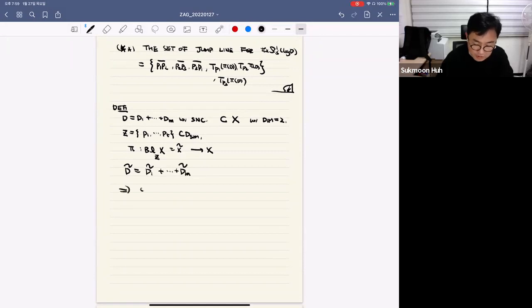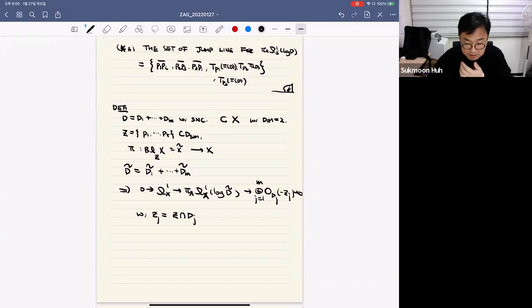Then we can get an exact sequence as before, O_{D_j} minus C_j to 0, where j runs from 1 to m, where Z_j is the intersection of Z with D_j. So Z_j is the part of Z contained in D_j, right?